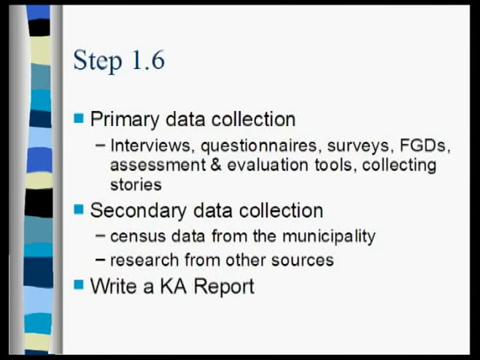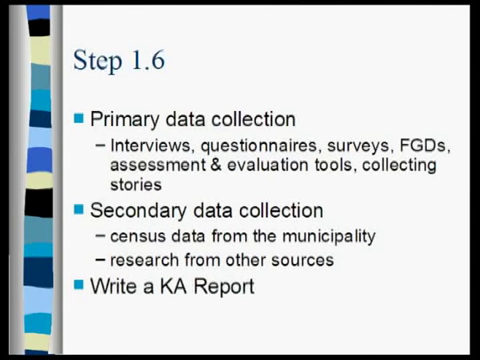This refers to information that you still do not have or need to get. So you can do, as an example, primary data collection, collecting the data yourself through interviews, questionnaires, surveys, focus group discussion, developing assessment and evaluation tools, and collecting stories.